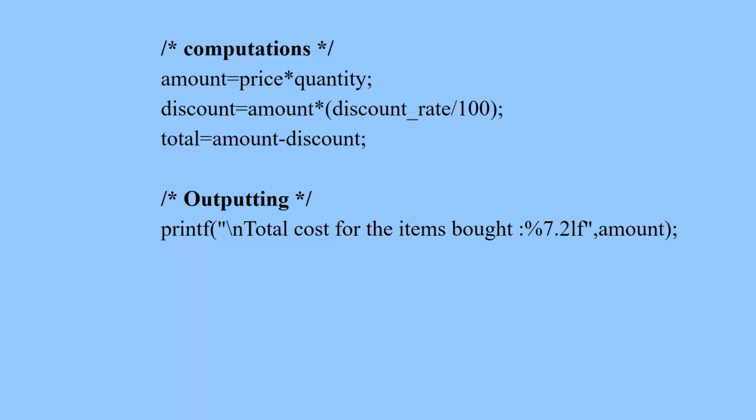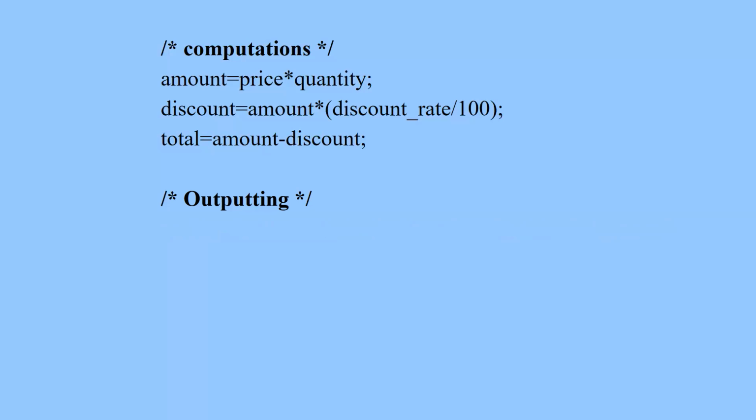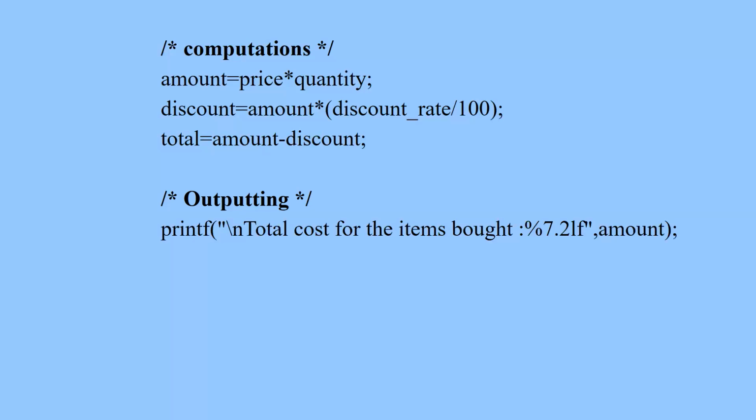So if, for example, what is in the amount memory location is 100.50, then this statement will be displayed on the screen as follows. Total cost for the items bought, 100.50.